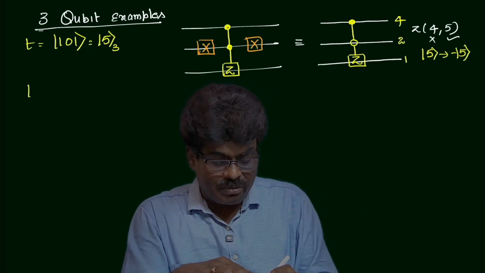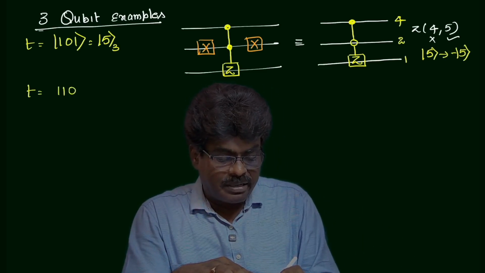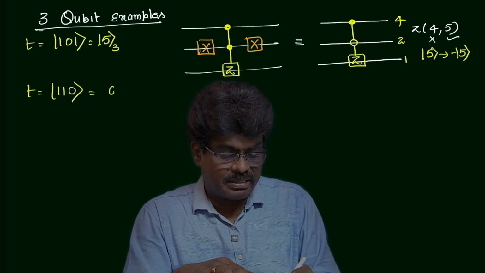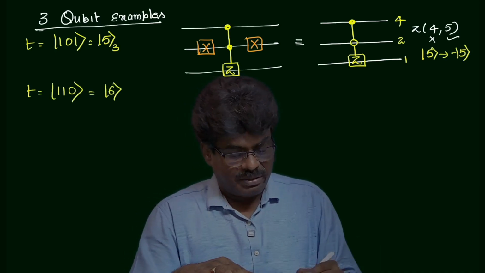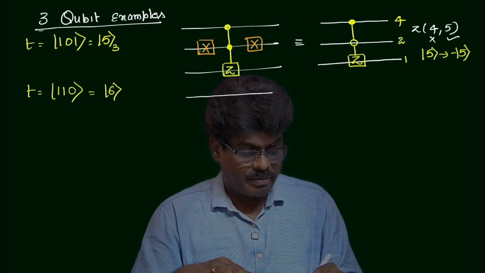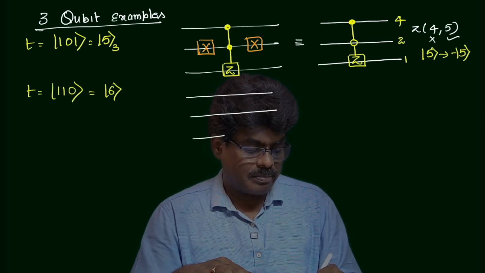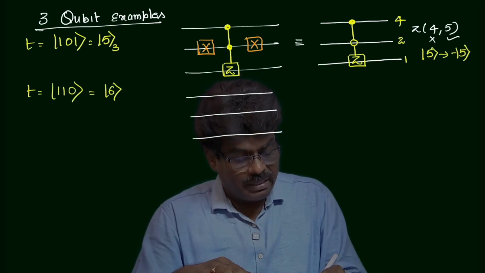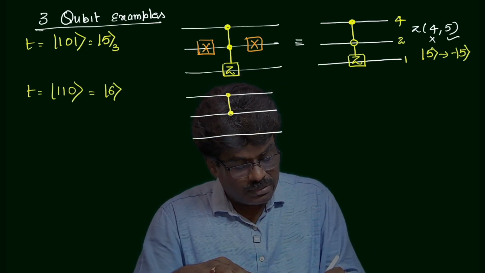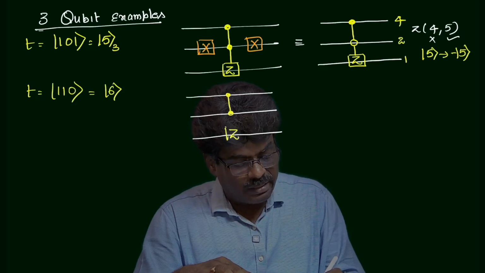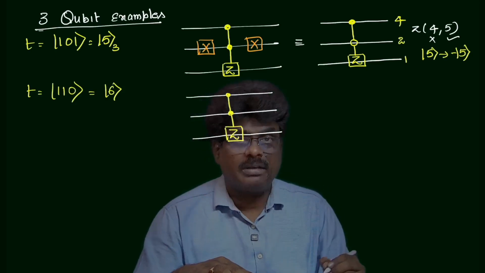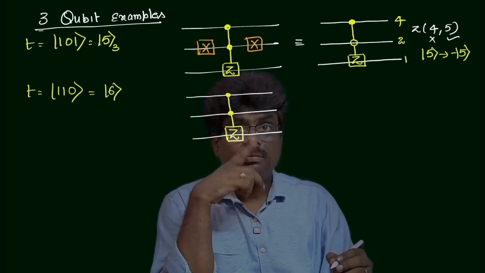Let us take one more. So let me take 110, that is a 6. Okay, so here, first please take all controls, I mean C square, and here the last state as Z operation.